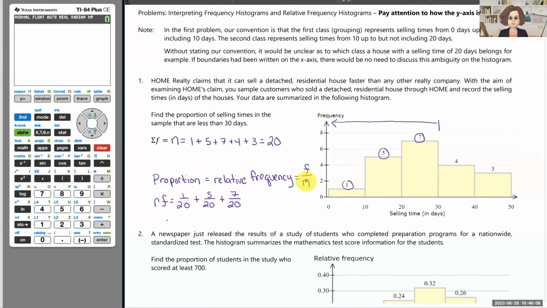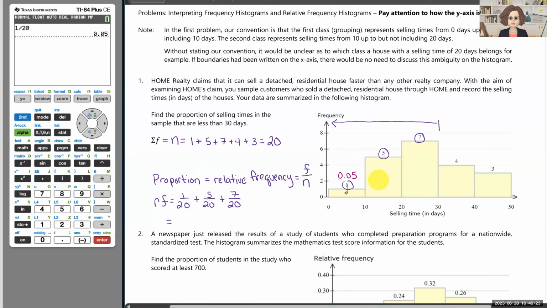I'm going to write each of them separately as a relative frequency, just so we see it here. So 1 house out of 20 would be equivalent to 0.05. I'm going to write that on the graph in decimal over here. So 1 is equivalent to 0.05 or 5%. 5 out of 20, so 5 divided by 20, is equivalent to 0.25, 25%.